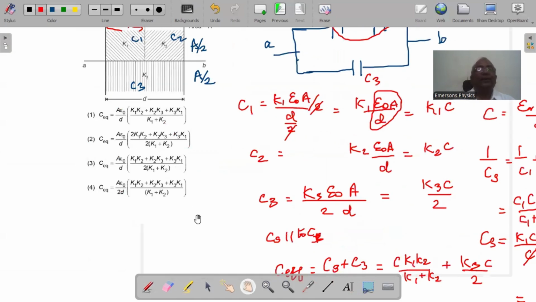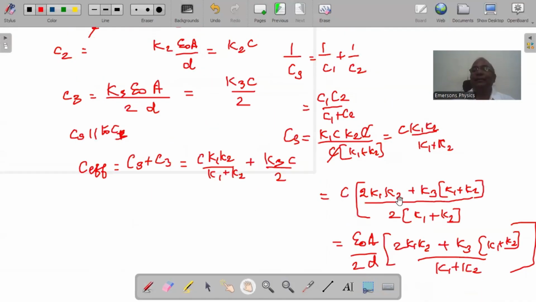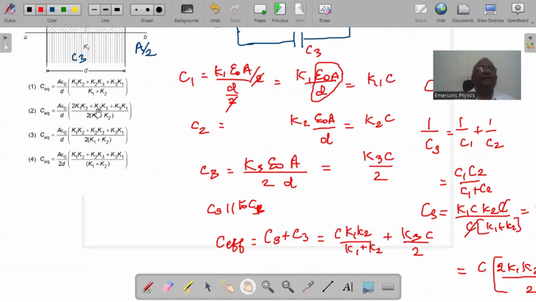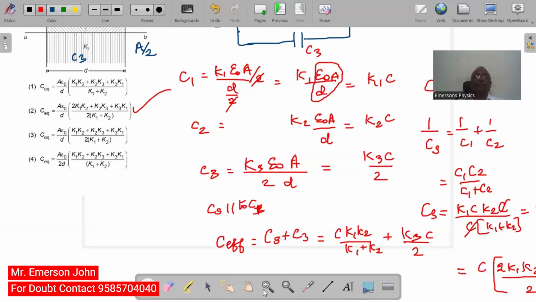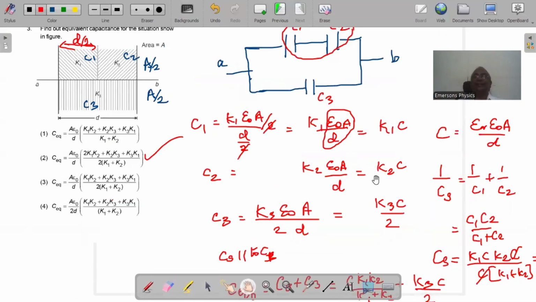This is what we have, 2K1 K2. They have expanded this: 2K1 K2 plus K1 K3 plus K2 K3. So answer 2 is correct. Anyway, just an explanation: these two are in series, which is parallel to C3. That's all.